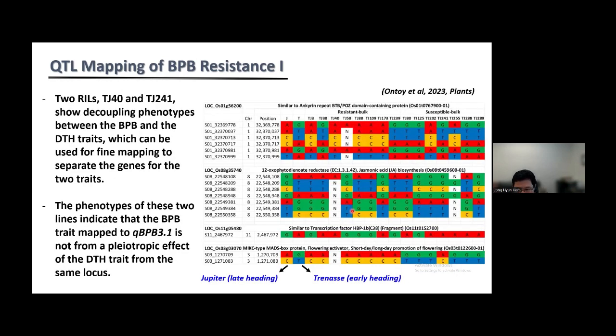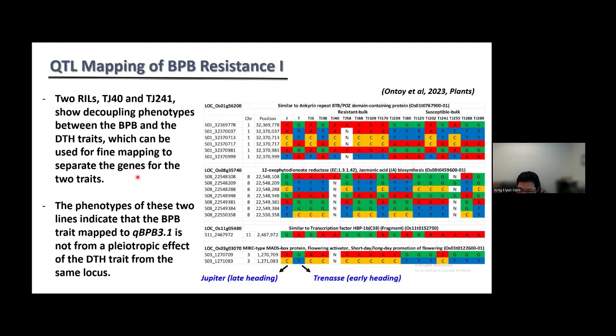And then one question was that because the disease resistance for both the bacterial panicle blight and sheath blight and the flowering time are co-located, we considered the possibility that increased resistance may be due to delayed flowering, maybe avoidance of pathogen infection. However, we identified at least 2 lines that decouple the phenotype of flowering time and disease resistance.